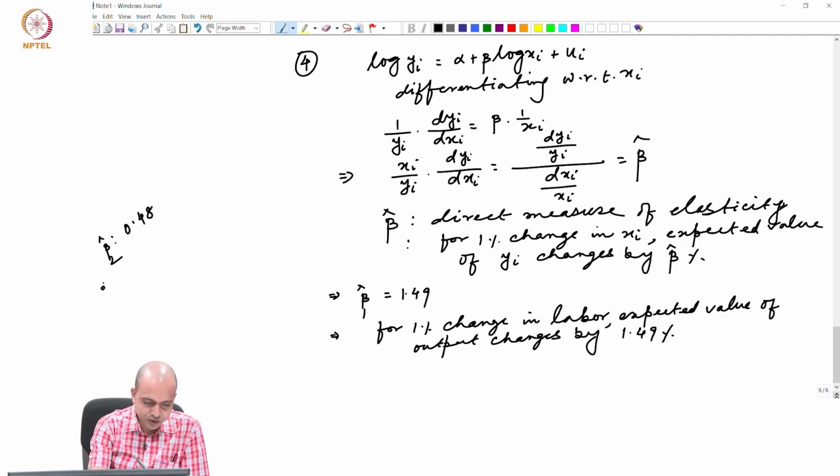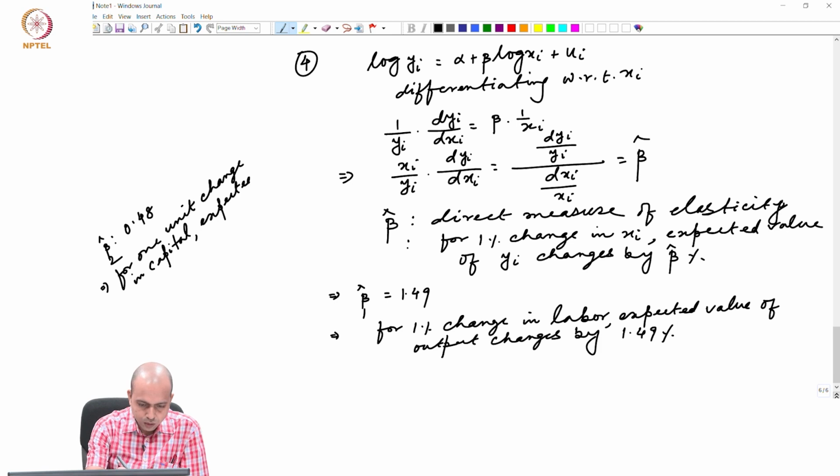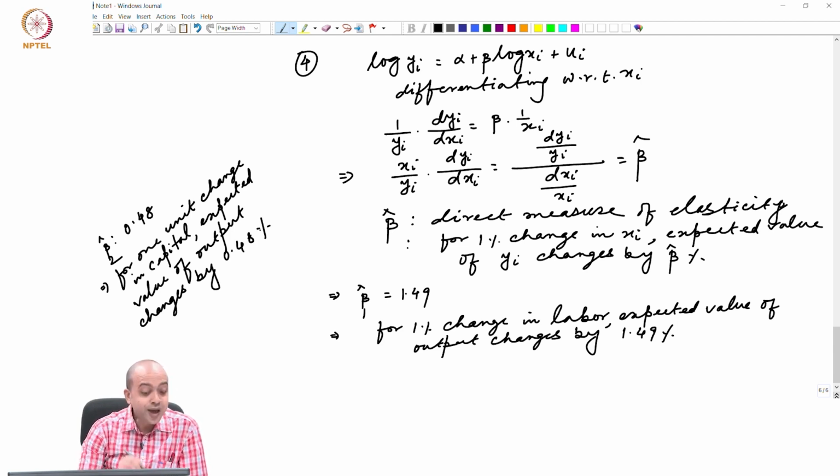That means this implies for a 1% change in capital, the expected value of output changes by 0.48 percentage and not 48%.